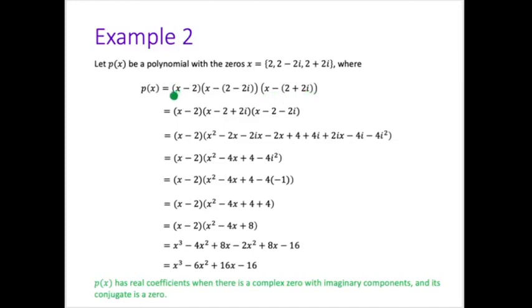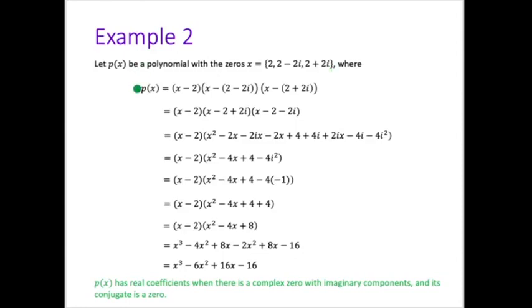Again, the factor x minus 2 corresponds to the zero 2, the factor x minus 2 minus 2i corresponds to the zero 2 minus 2i, and the factor x minus 2 plus 2i corresponds to the zero 2 plus 2i. Notice that we do have the conjugate pair here: 2 minus 2i and 2 plus 2i.